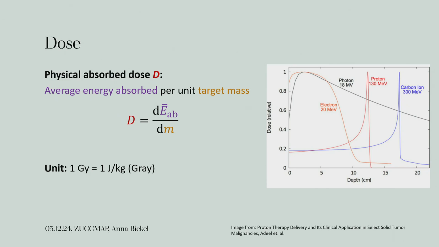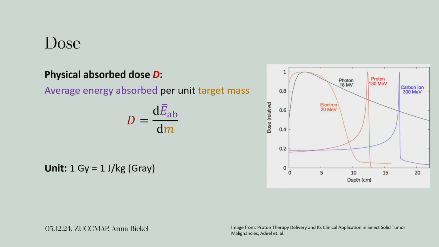And all of these particles can be used for radiation therapy, and you may imagine that every particle has a different use. For example, the electrons and photons deposit most of their energy at the beginning of the body, but the protons and the carbon ions have more of a peak where most of their energy is deposited, and then afterwards we have almost no energy.